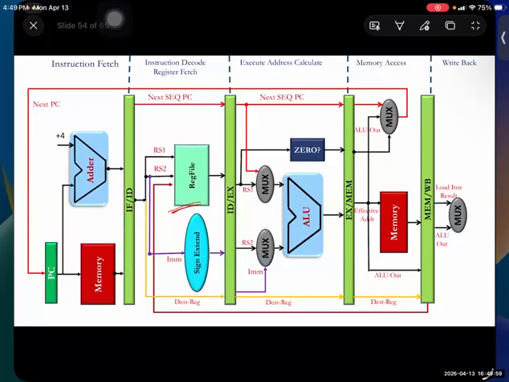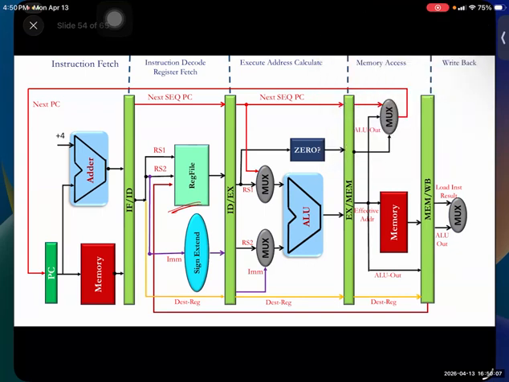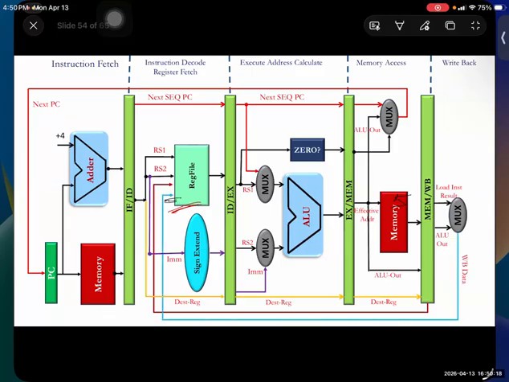So for this multiplexer, if it is a move instruction, then the data will be read, suppose the value 5, the data will be read from this, and that data will be written into the register file in the write back stage.